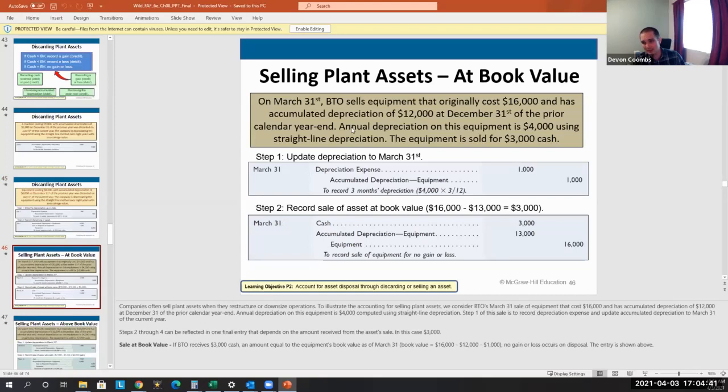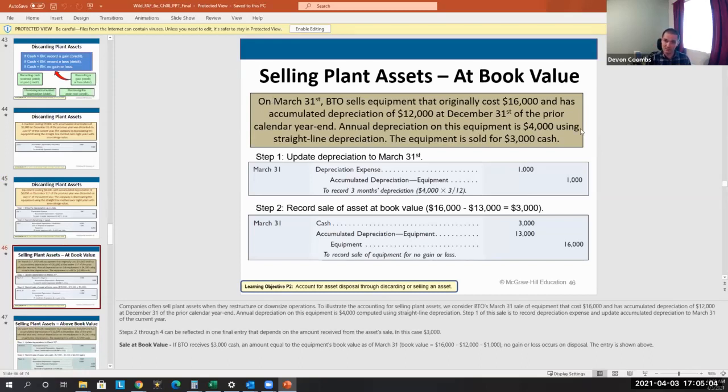What if we sell the equipment at book value? So we're getting cash based on the book value that's left. Our equipment has a book value left over of 3,000. That 3,000 is the 16,000 minus the 12,000 minus the 1,000 of additional depreciation expense we calculate because it's a quarter year.